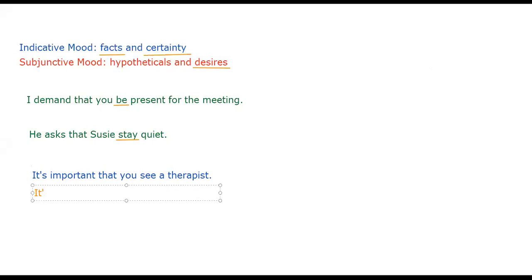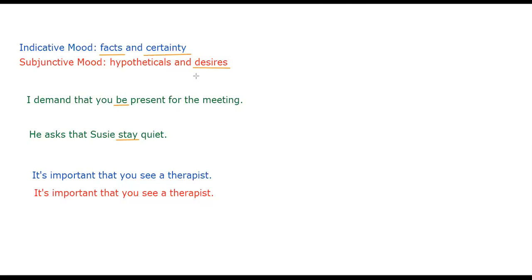It's important that you see a therapist. You notice that we have this blue sentence, which I use to represent the indicative, and I'm using the red color to represent the subjunctive. So the first sentence is the indicative mood, the second sentence is the subjunctive mood.